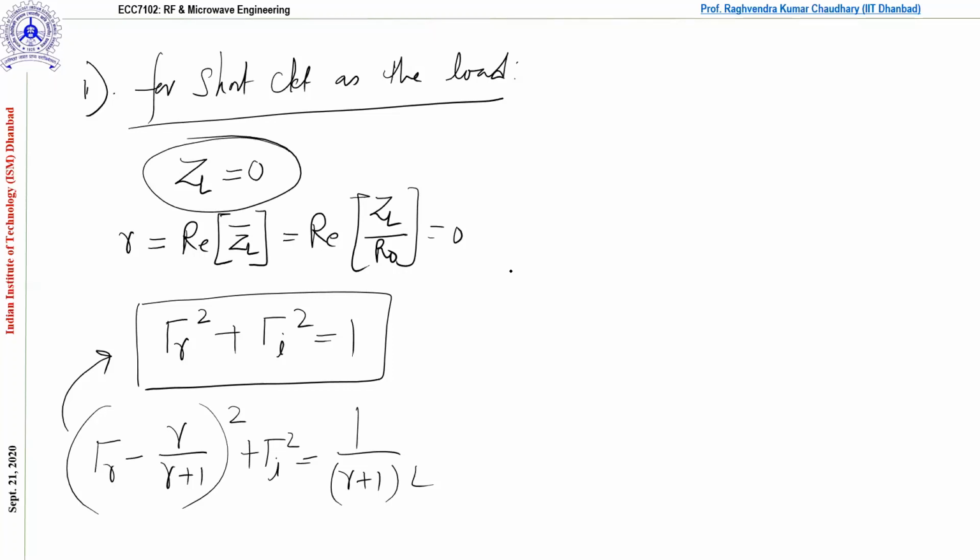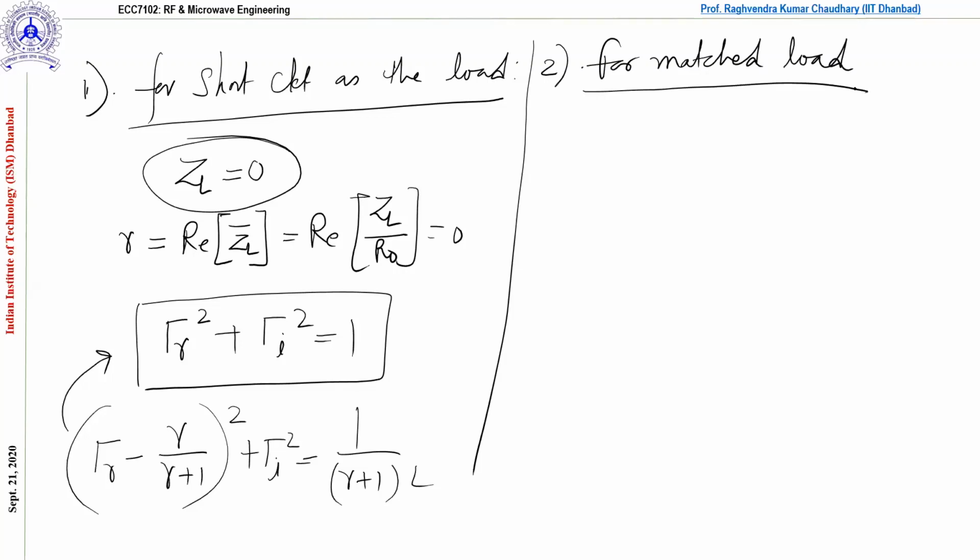The second thing is for matched load. For a matched load, ZL is equal to R naught.